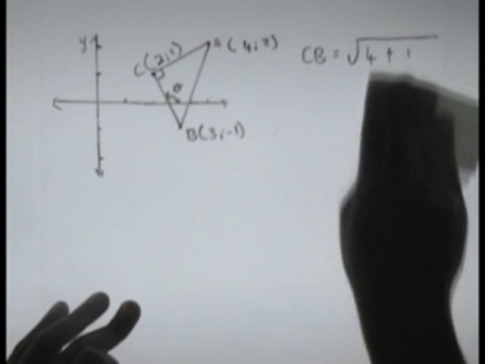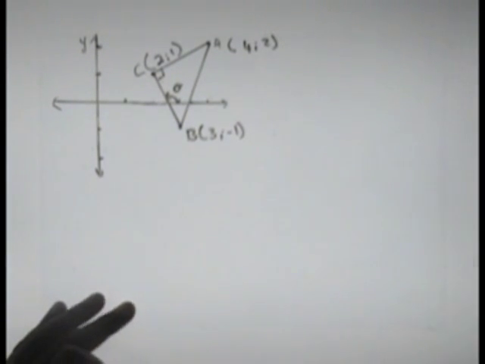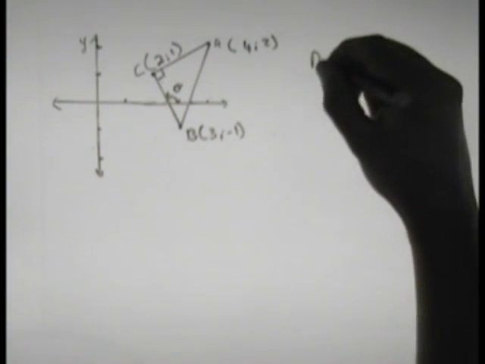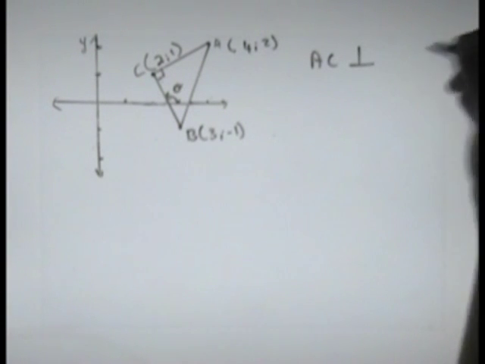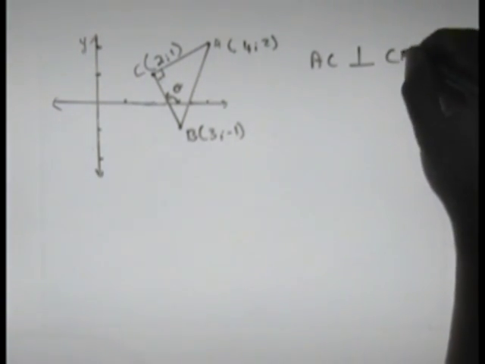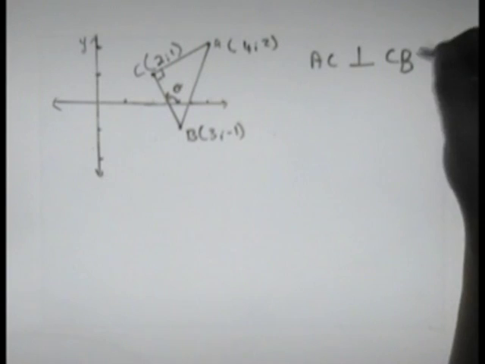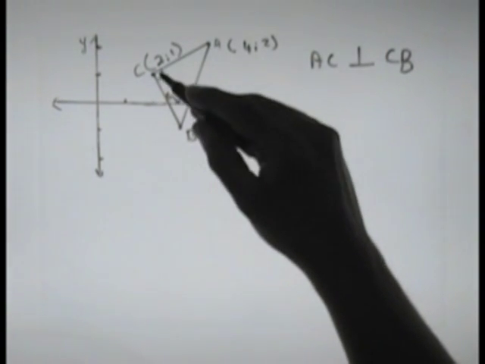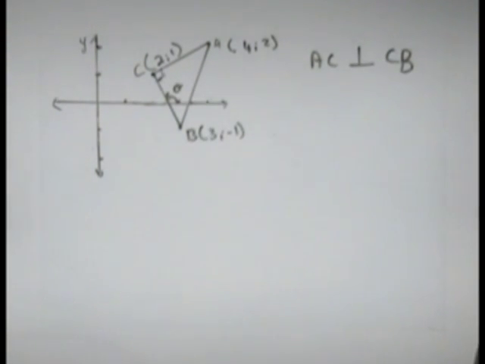That means that AC, we now know, is definitely perpendicular to CB, which means that that's a right angled triangle.